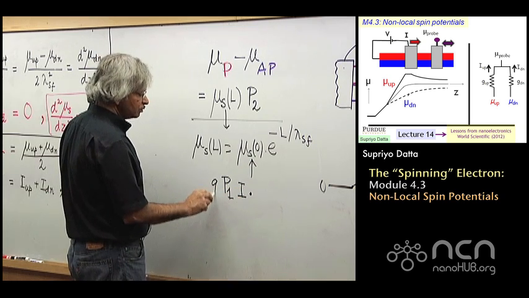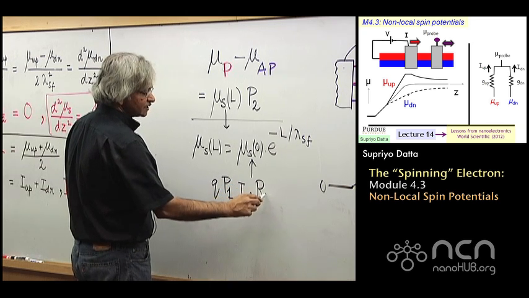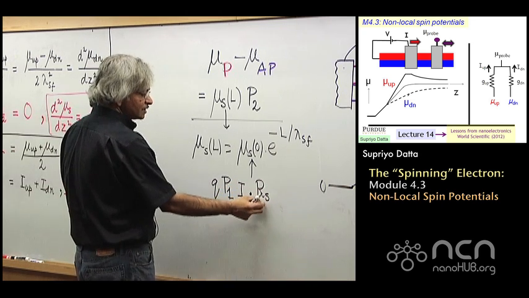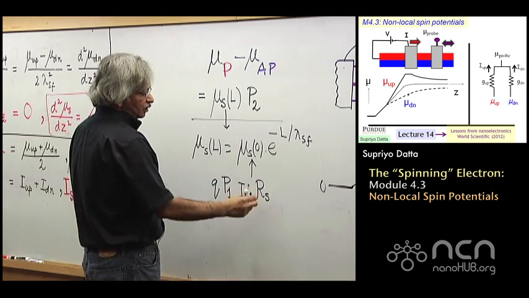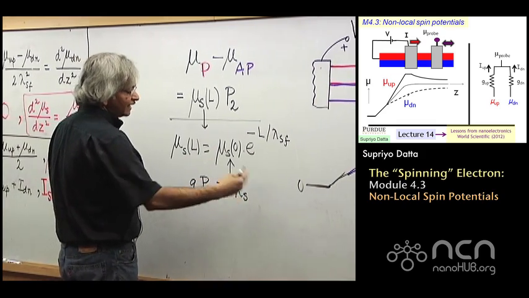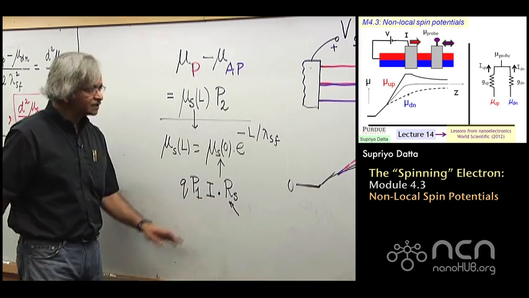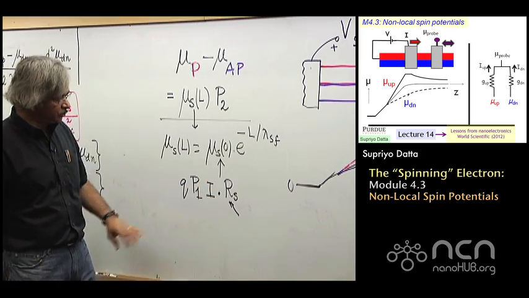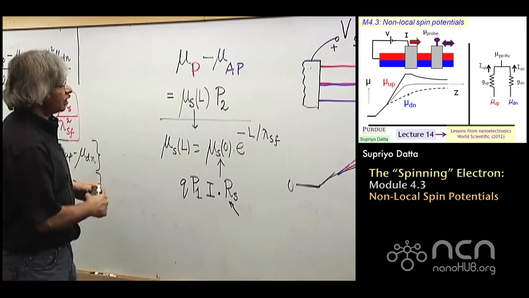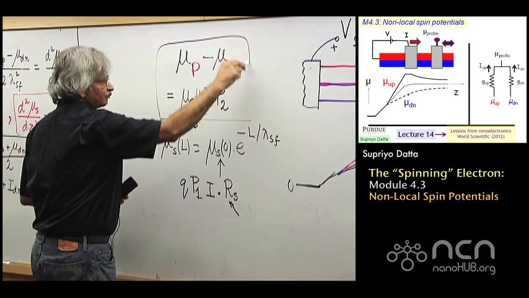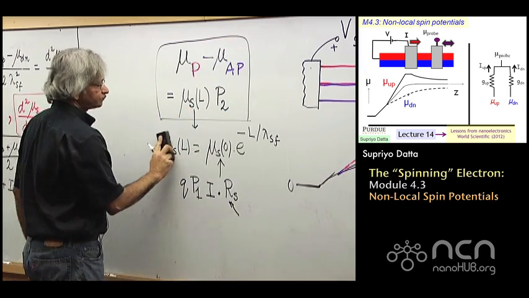I guess a Q and a resistance, and the correct resistance is RS, which is like the resistance of a channel whose length is lambda SF. And this part is, as I said, not obvious, but that's what's done in the tutorial. Okay. So let's forget this part. What we'll really talk about in the rest of this module is where this comes from, this part of it.